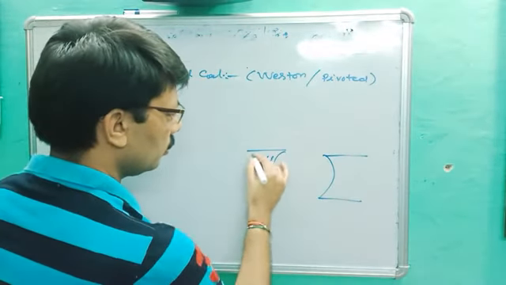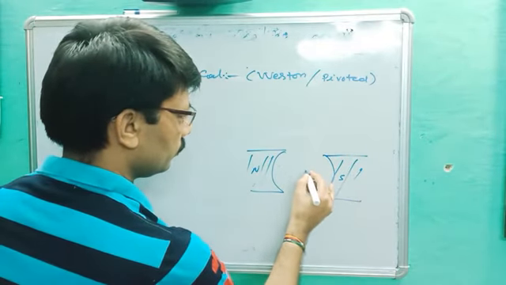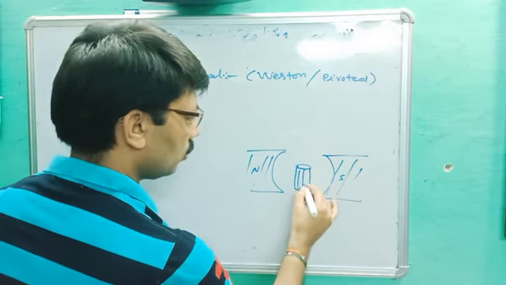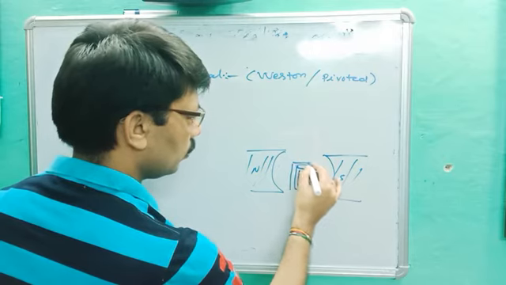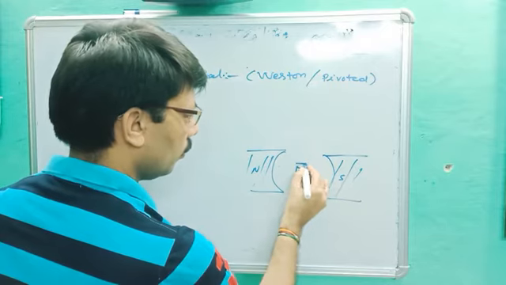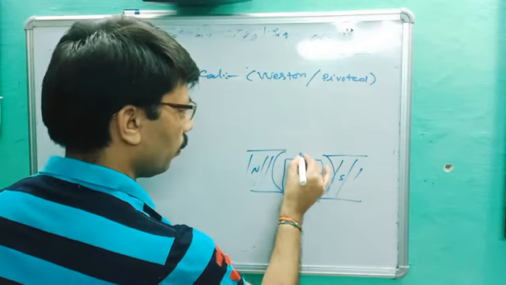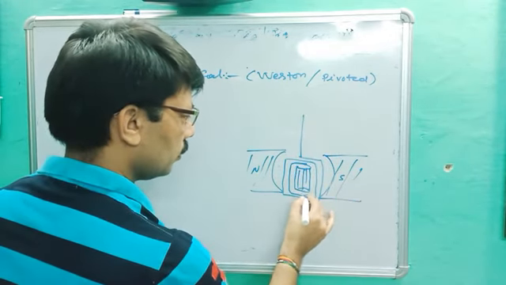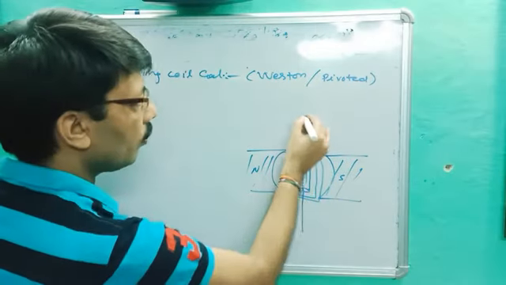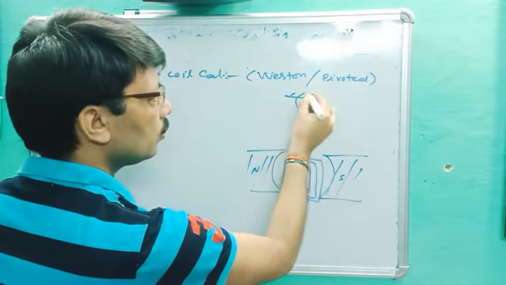This is the north and this is south. Between them there is the core, and the core is surrounded by the coil, which is fixed by two pivots as screws.